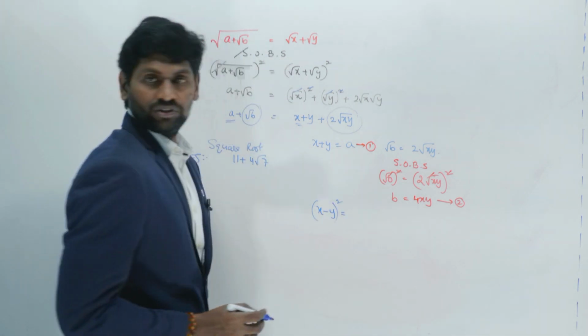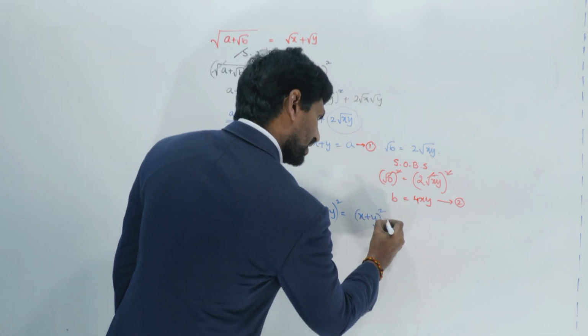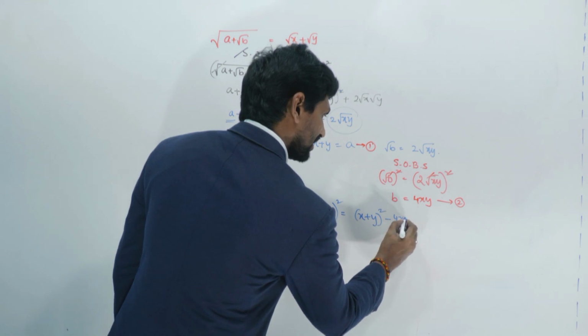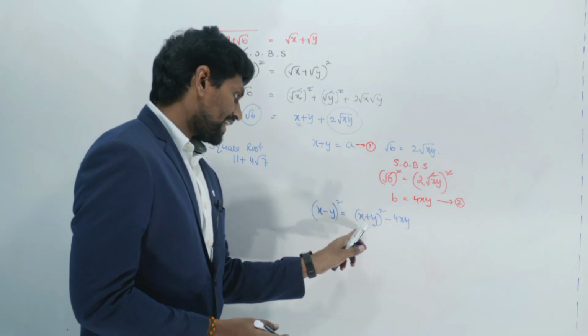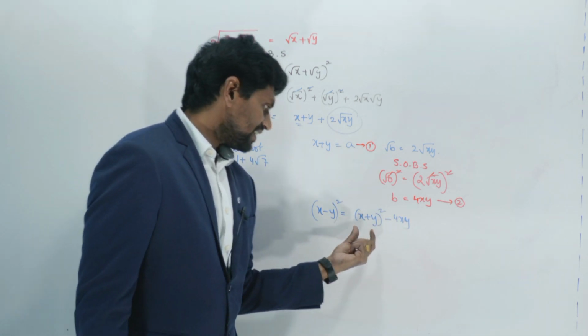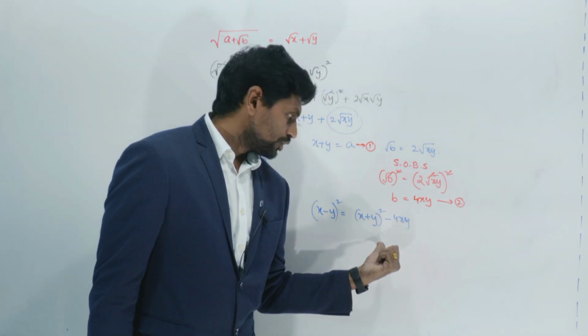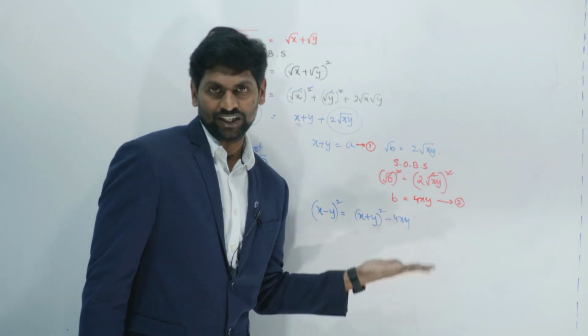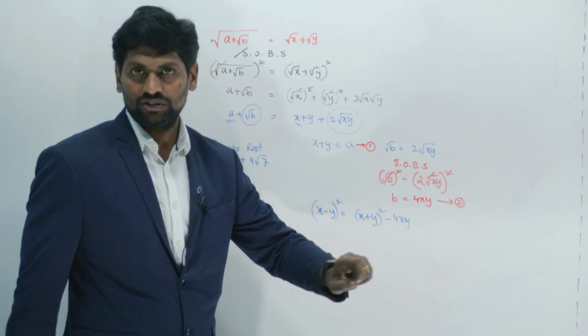A minus b whole square equals a plus b whole square minus 4ab. So x minus y whole square equals x plus y whole square minus 4xy. Let us check here. X plus y whole square means x square plus y square plus 2xy. 2xy minus 4xy is nothing but minus 2xy. So it is in the form of a minus b whole square, nothing but the x minus y whole square formula.